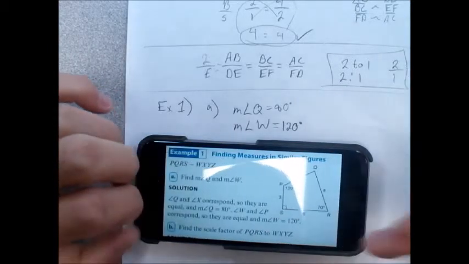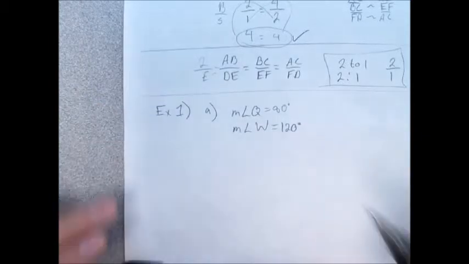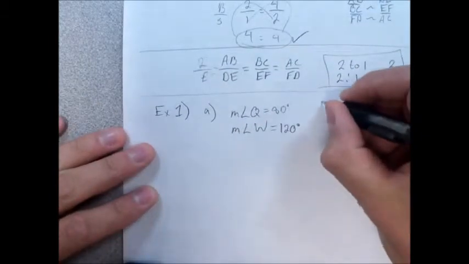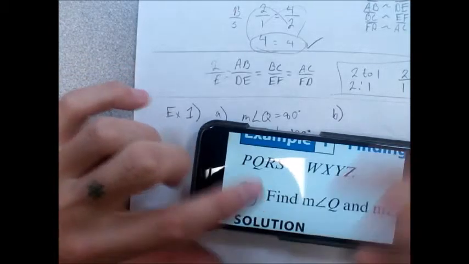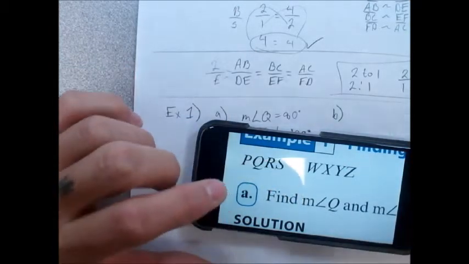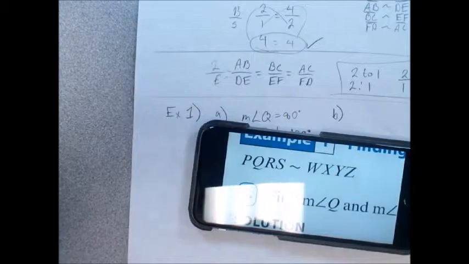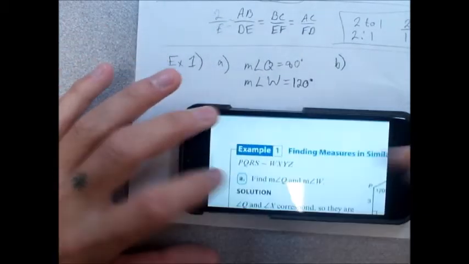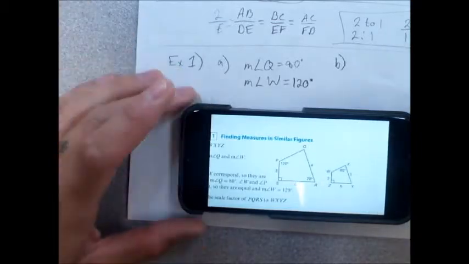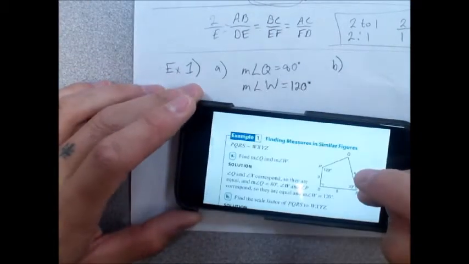Now it says find the scale factor from one to the other. If they are similar, which the similarity statement right here gives us, I can take that information and use it. Looking at the sides, these pictures are really nice. I can go big to small or small to big, it doesn't matter.